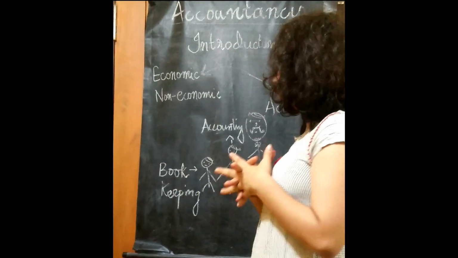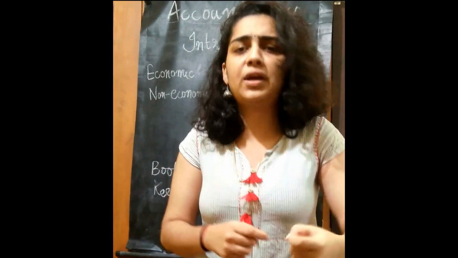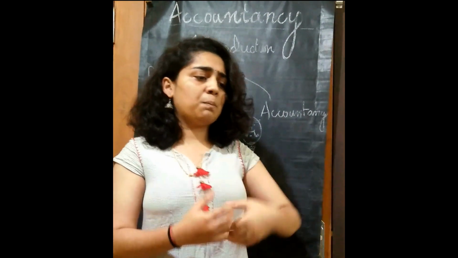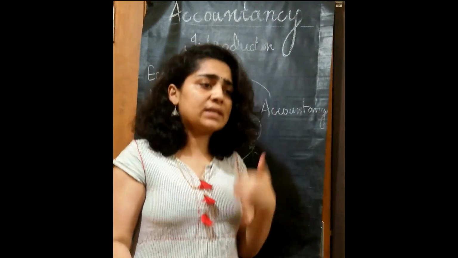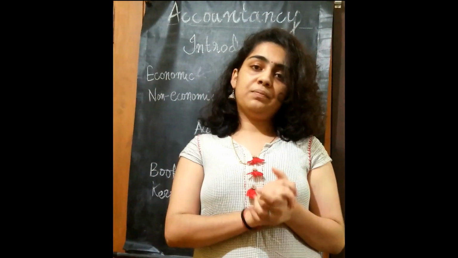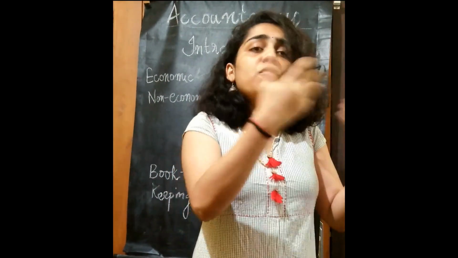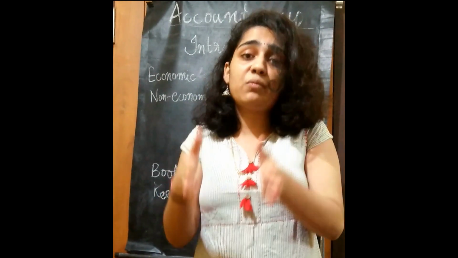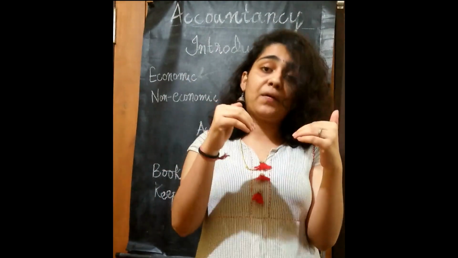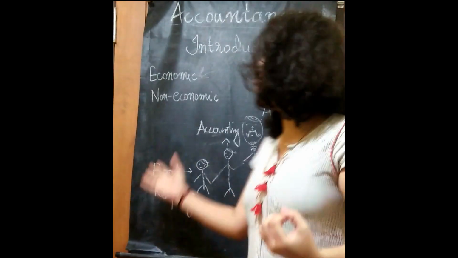Similarly, how do we record them? The business person has a number of varied transactions occurring. A business person buys goods, sells goods, buys again, sells the goods. Cash enters, cash goes out. They won't be able to process these varied and complex transactions in their head. So what do they do? They record them in books.